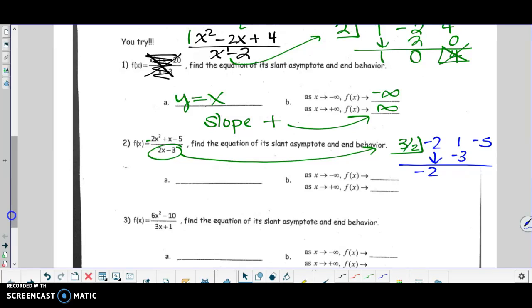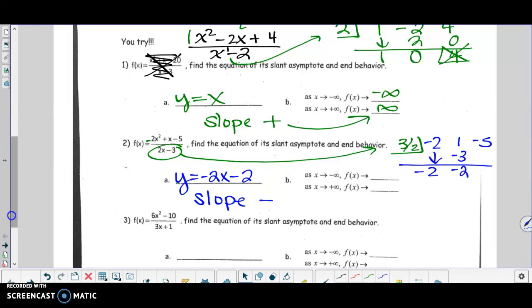Negative 2. Yes. Could I technically stop here if I wanted to? Yeah, because I don't really care what the remainder part is anyways, do I? No, so what's the line? Negative 2x minus 2. So what is my slope now? Negative.